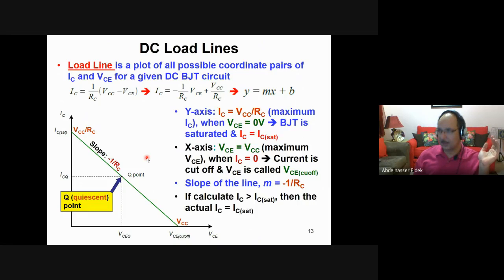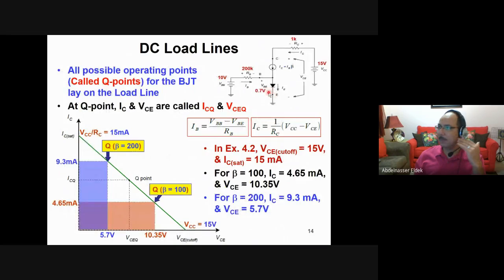Okay, so let's see, for example, the example that we have solved before, where this is 10 volt and 200K and so on, 0.7 and so on. So let us see what we have here. Assume that beta equals 100; beta was 100 before.